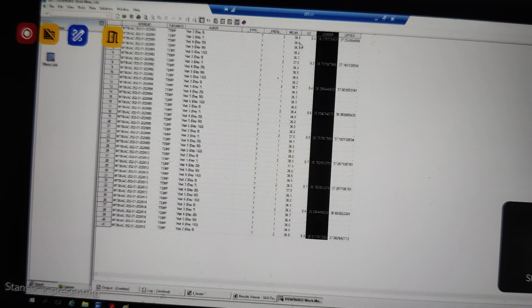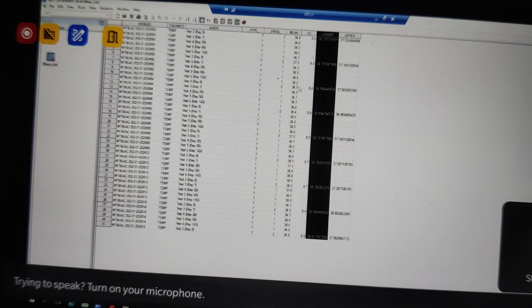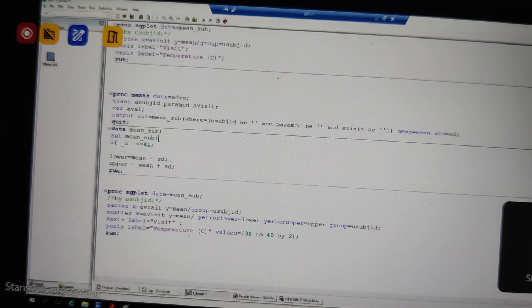For example, here 36.8 plus 0.4 is 37.22. So the lower and upper we have calculated. Then the same lower and upper values we can use here. This is the upper value, grouped by subject, and this is the lower value.